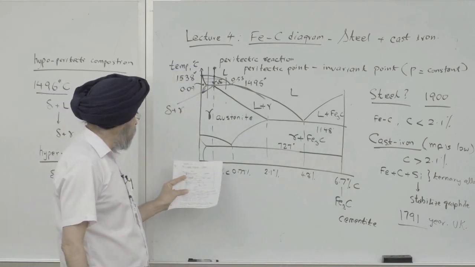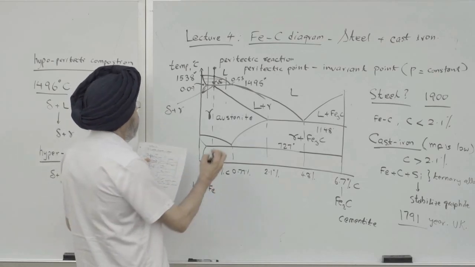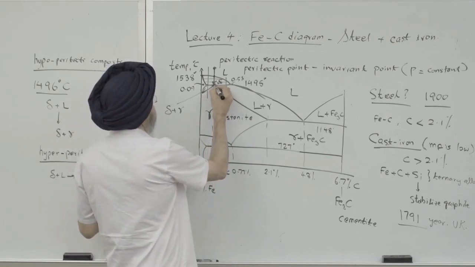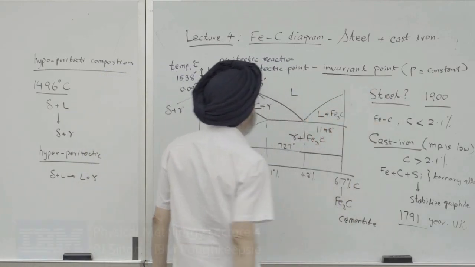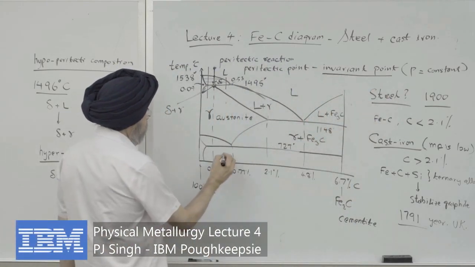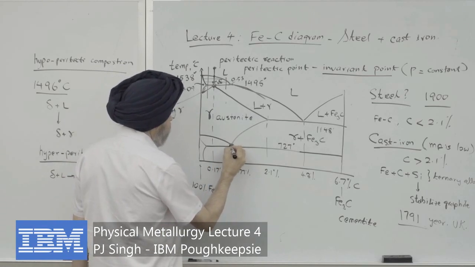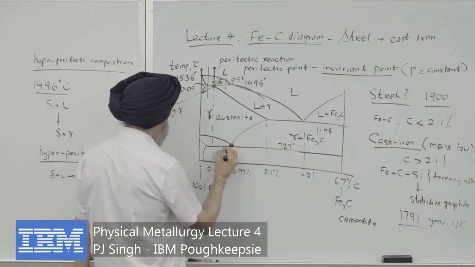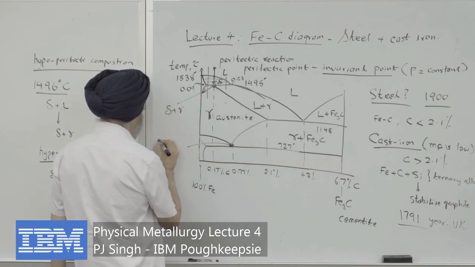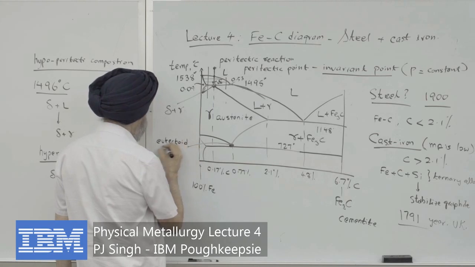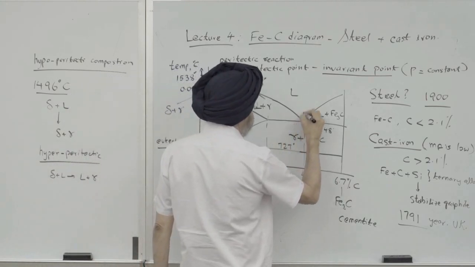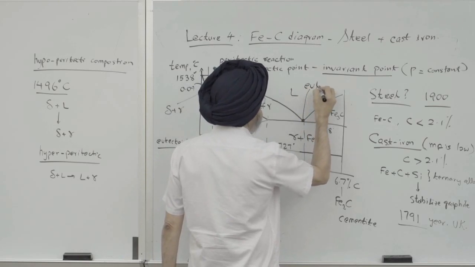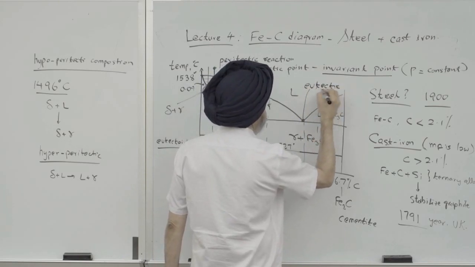So to get back to the diagram, I mentioned this peritectic point is an invariant point. We have two other invariant points. This one over here, and this one we call the eutectoid. So this is a new term. And this one over here, we have already studied, and this is eutectic.